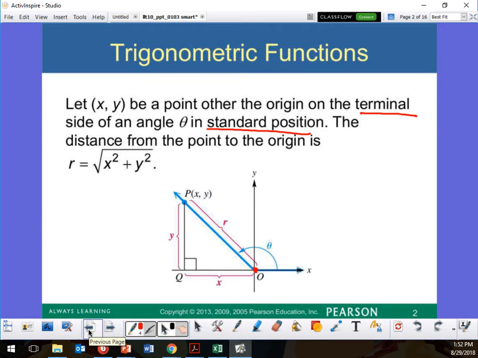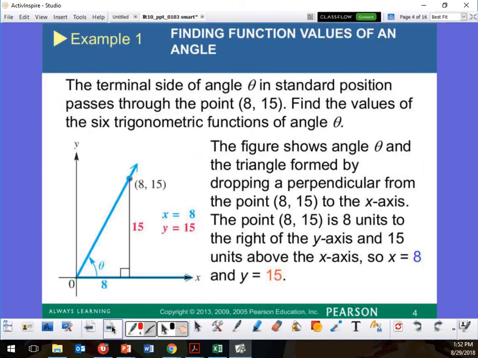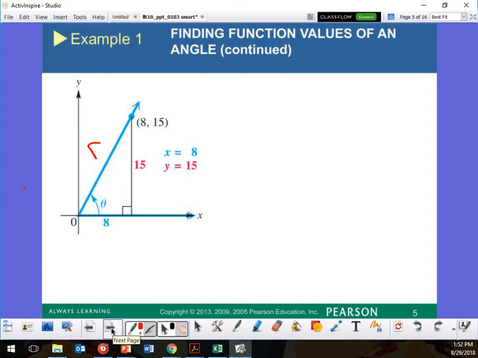So r is equal to the square root of, what goes inside? x squared, which is 8 squared, plus 15 squared.